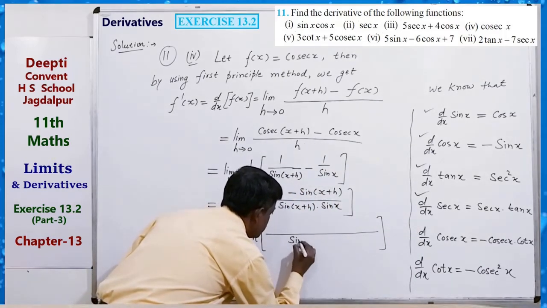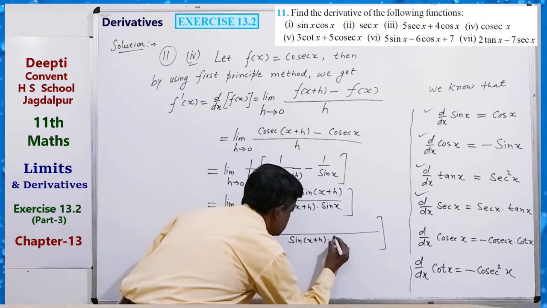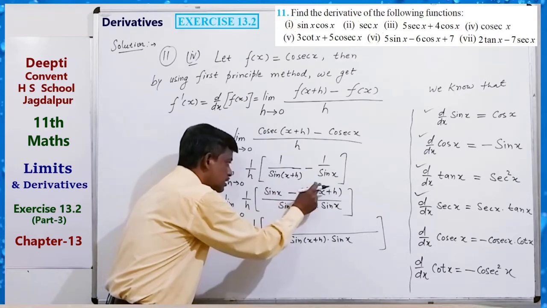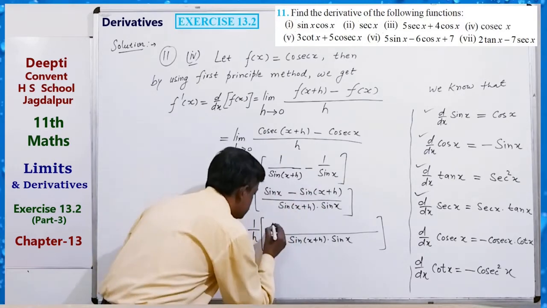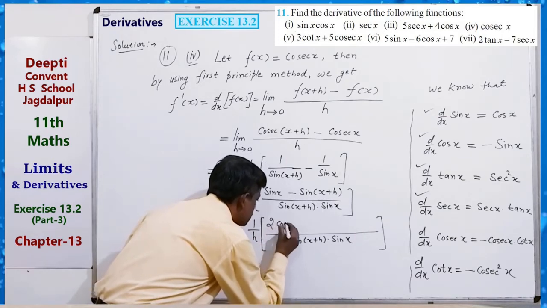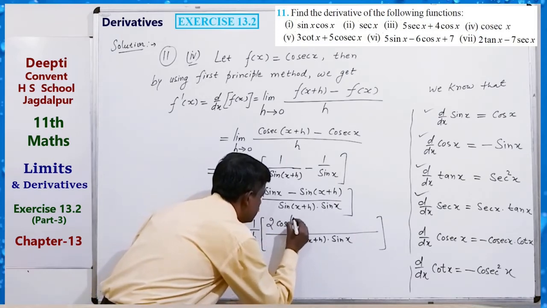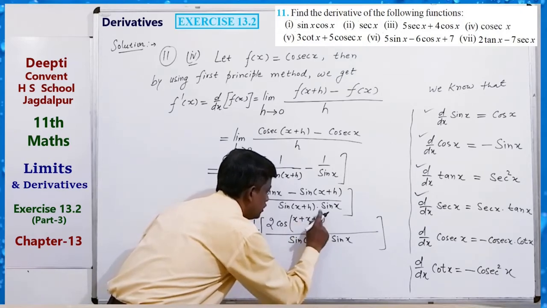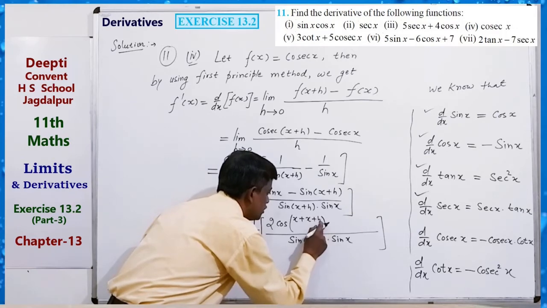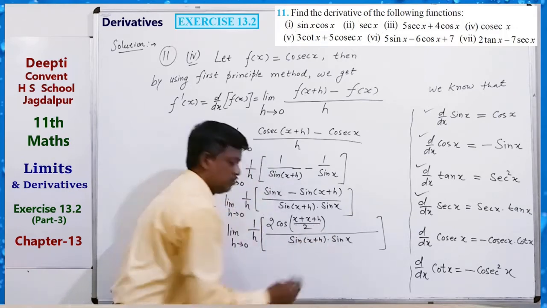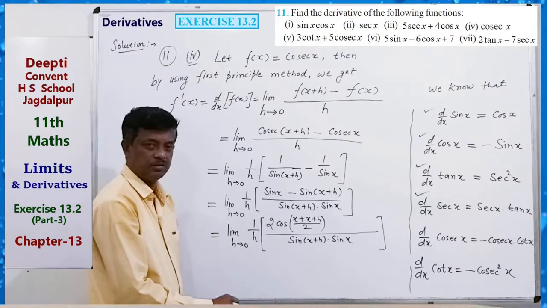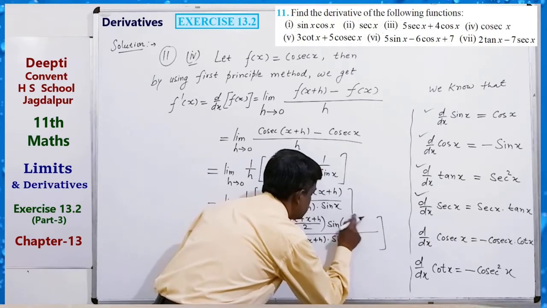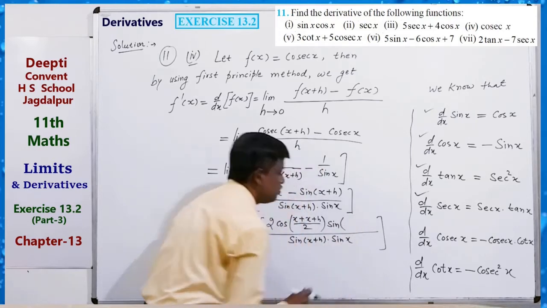The denominator will be like this, sin x plus h and sin x. Now this is sin C minus sin D. C is x, D is x plus h. So 2 cos C plus D by 2, sin C minus D by 2.